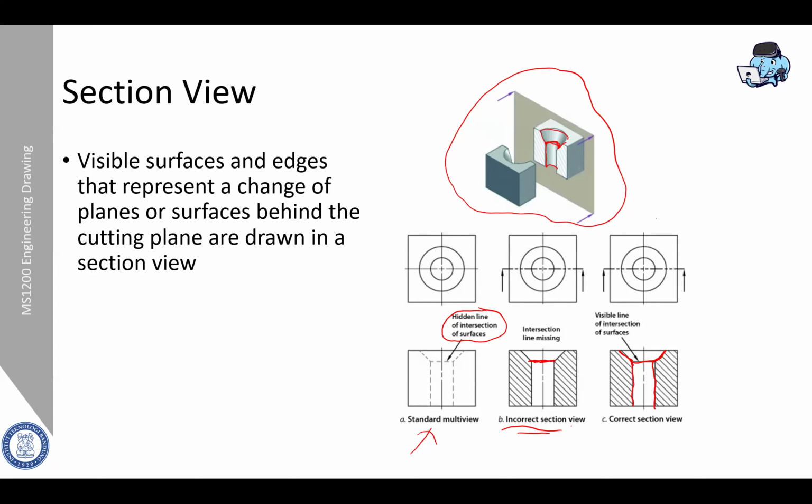Why should we draw this line? Because this is actually the intersection between two different surfaces. Let's say this is the first surface, and this one is the second surface. So there are different surfaces here, and we have to draw the edges, the lines.